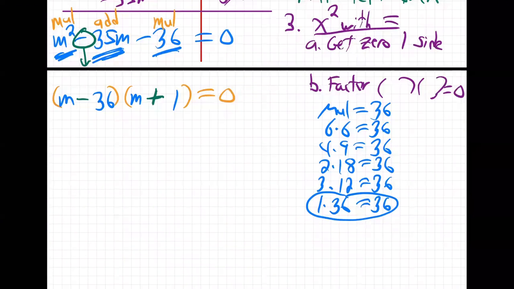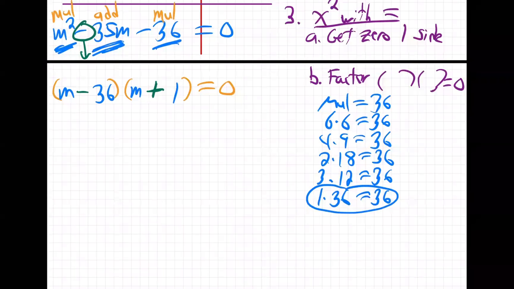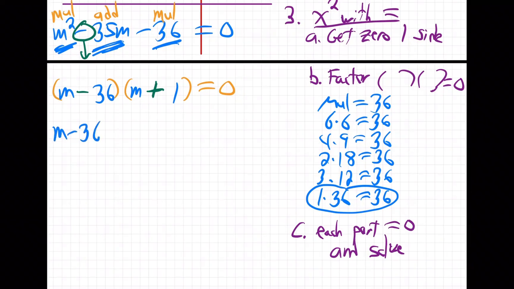All right, now what? This problem's getting difficult. Now, last one. Each part equals 0 and solve. So in other words, I'm going to take the m minus 36 equal to 0 on its own, or the m plus 1 equal to 0 on its own, and then just solve both those.